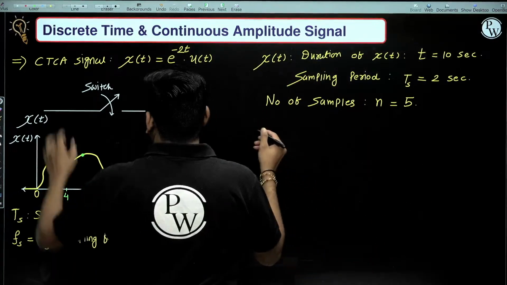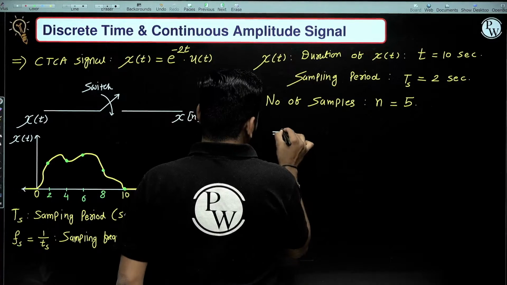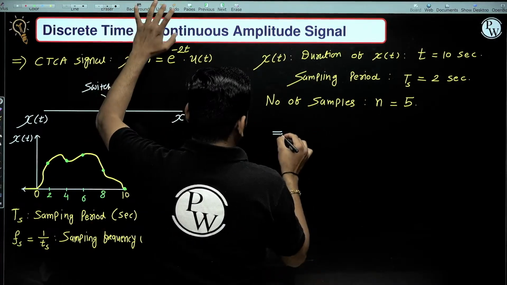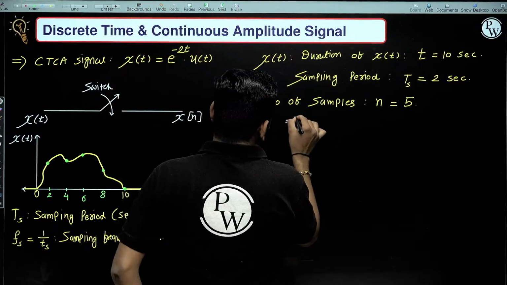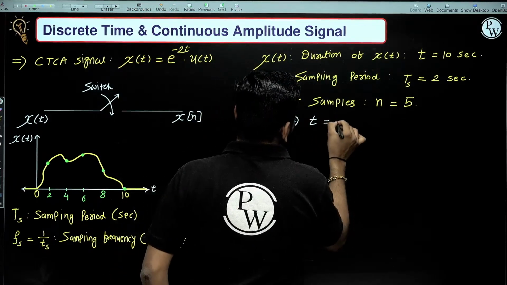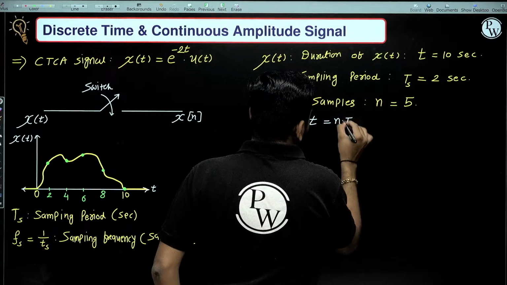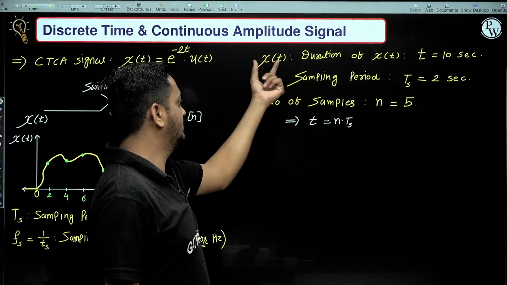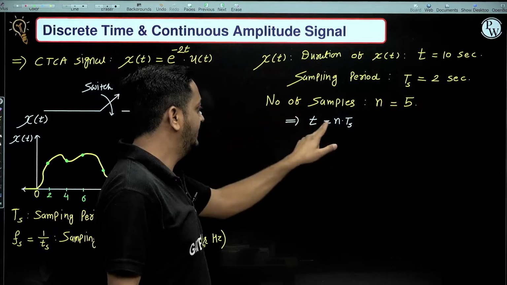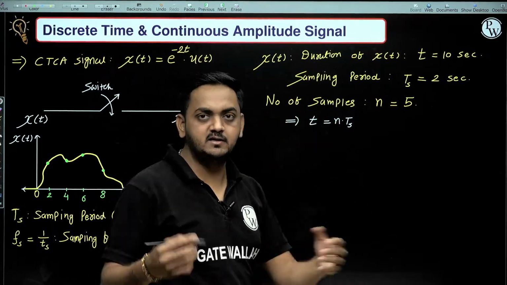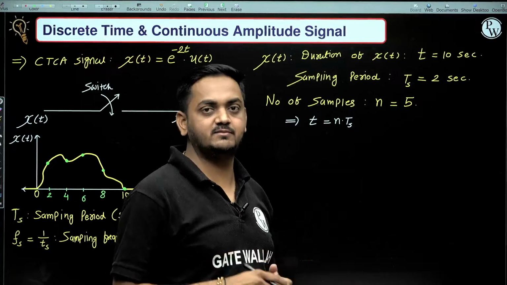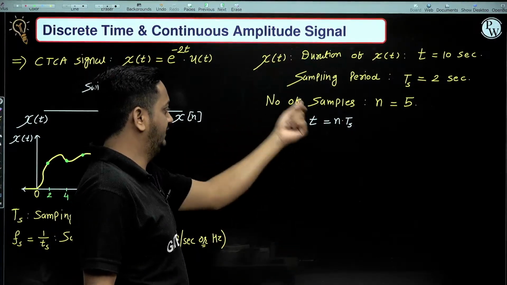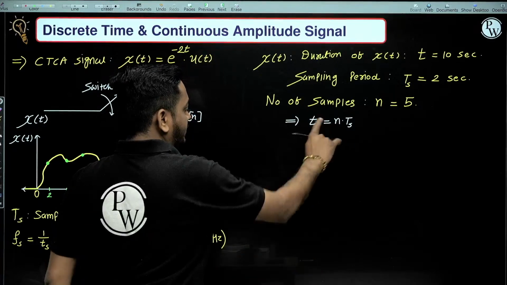So the relation will be, you have to simply replace t with n into Ts. If you replace this t in the continuous time signal with n into Ts, then you will get the discrete time signal. When n, you will get the number of samples.